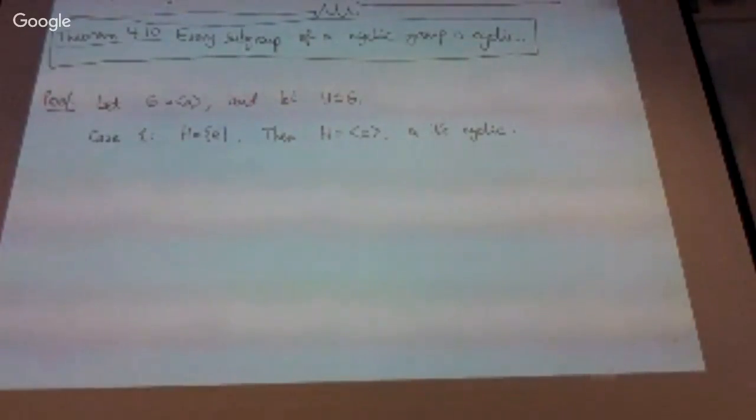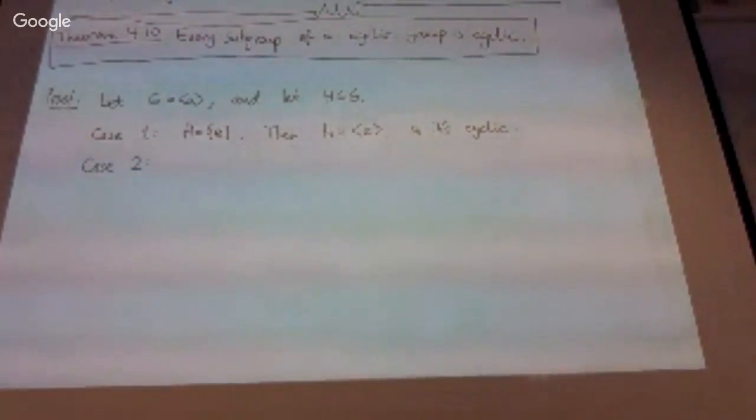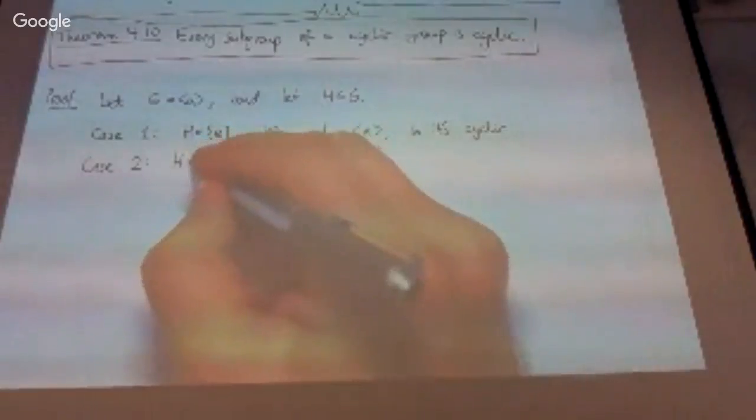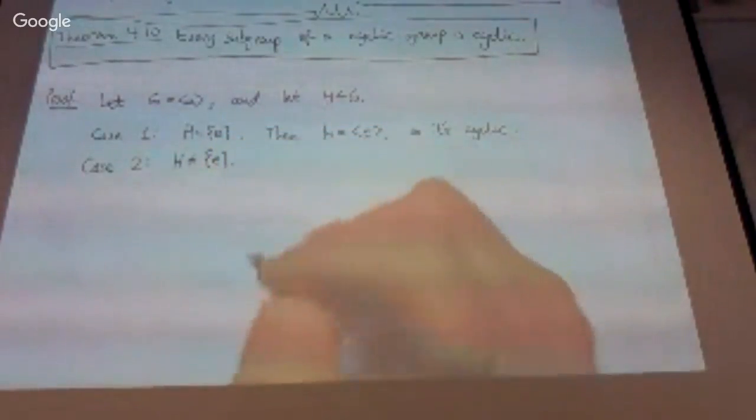Okay, that was simple. Half of the proof done, basically. There's only case 2 now. Case 2: H is anything else, then H is not just the identity.